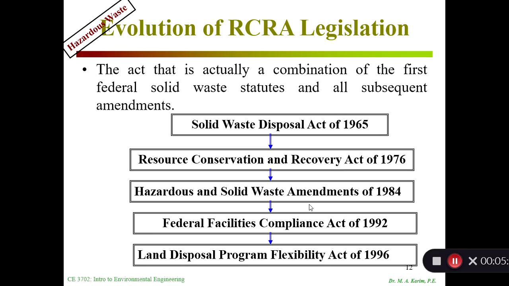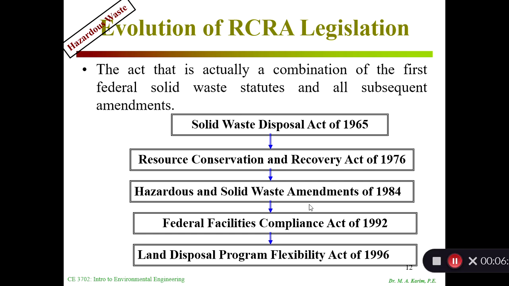The Act is actually a combination of the first federal solid waste statutes and all subsequent amendments. So here are some of those. The Solid Waste Disposal Act of 1965 is the first one that came in. Then RCRA came in 1976. Then the Hazardous and Solid Waste Amendments in 1984.